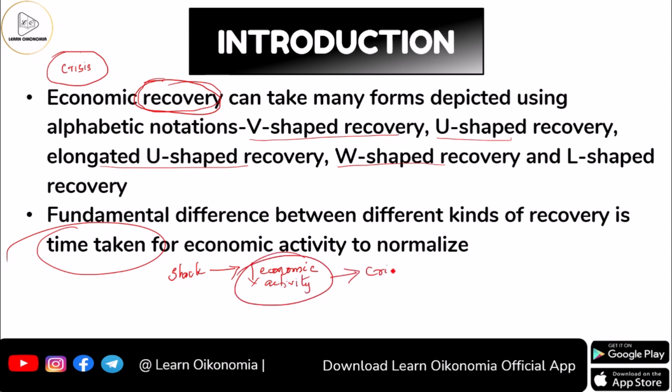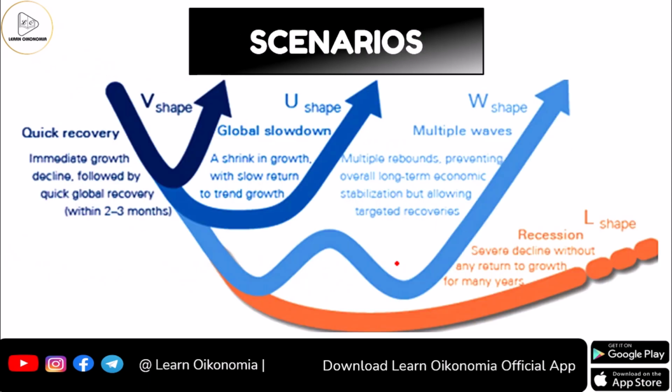So we have to recover, and this recovery takes some time for certain economies, whereas it happens as soon as possible for several other economies. Let's see how these things happen and how they differ from one another.